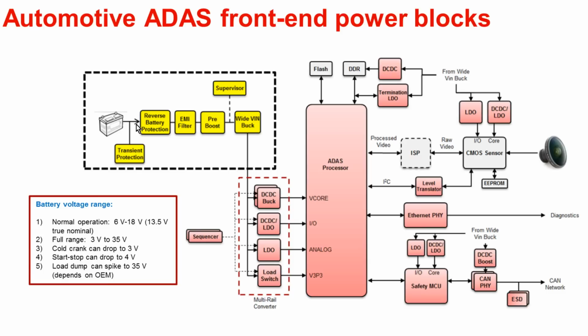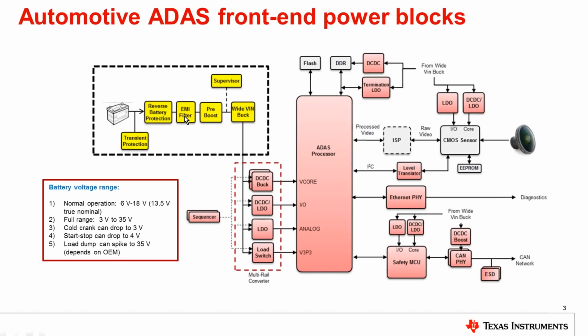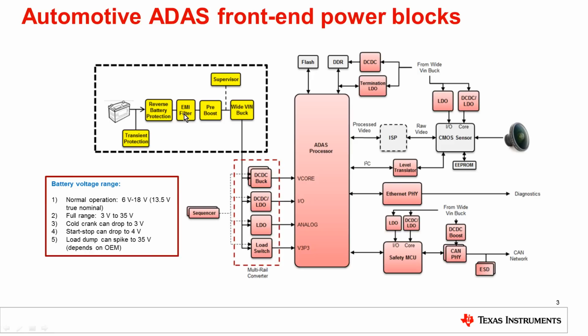The system must also properly respond to a reverse polarity event and should shut down. The design should also comply with the CISPR 25 automotive EMI standard, both radiated as well as conducted EMI.